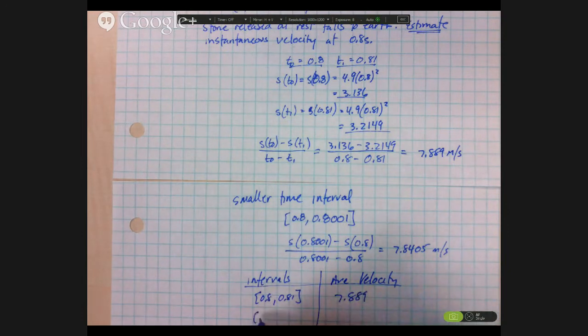If we did 0.805, see how these are kind of trending down.